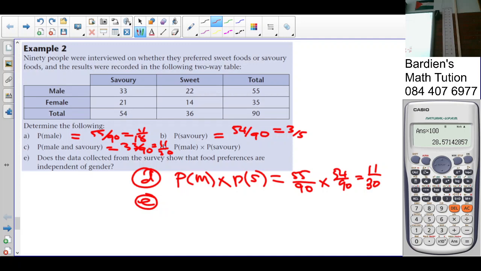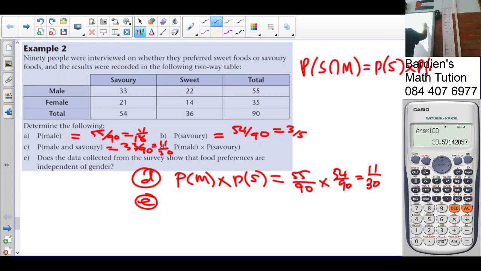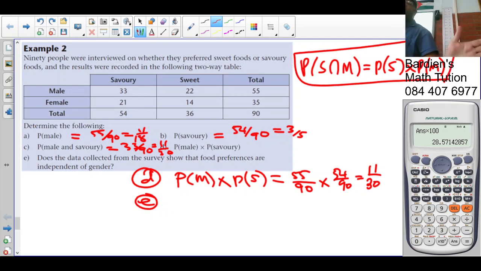Does the data collected from the survey show that food preference is independent of gender? So now what comes to mind? The probability of savory intersection male. Why am I going with that? Because it's already calculated. If that is equal to the probability of savory times the probability of male, then the events are independent of each other. If it's not equal, they are dependent, or not independent.